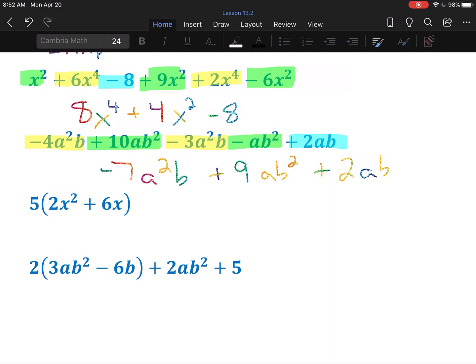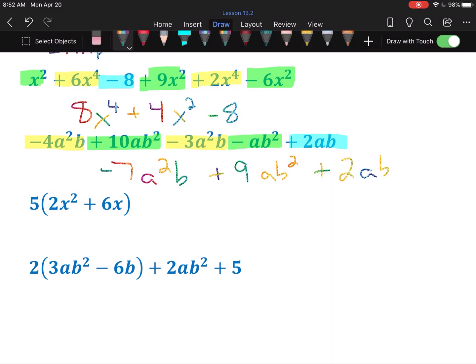Last pieces here are distribution, to remember how to do it. So this problem here is just a straight up review of how to distribute. Give the 5 to both terms. It's multiplication, so you'll multiply it to the number part only. 5 times 2x squared is 10x squared.